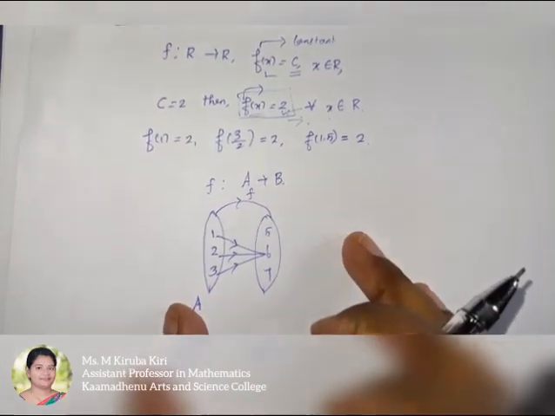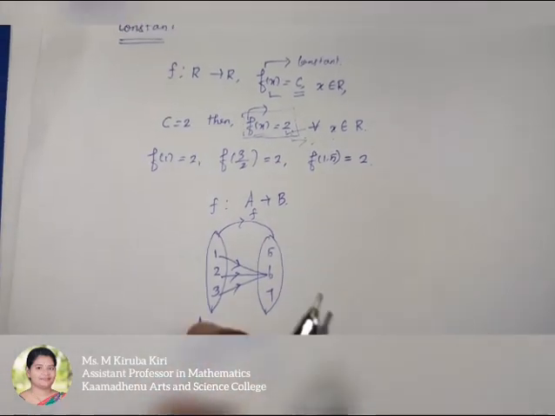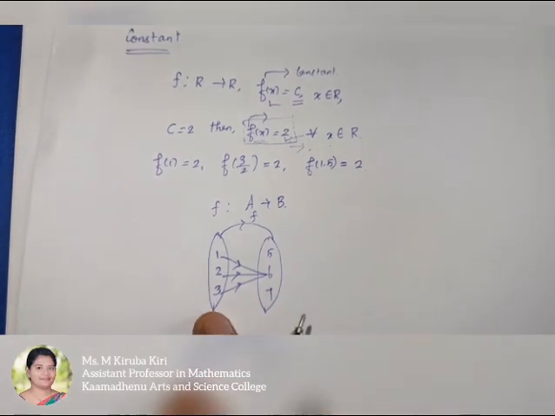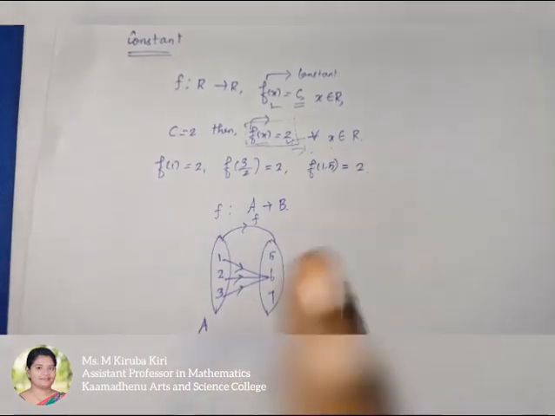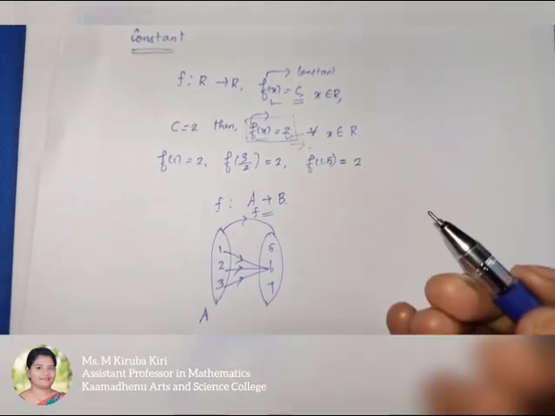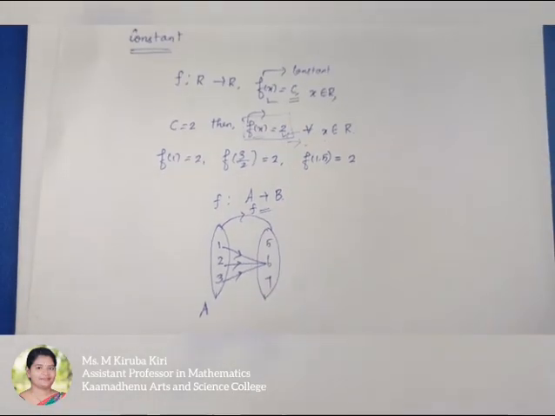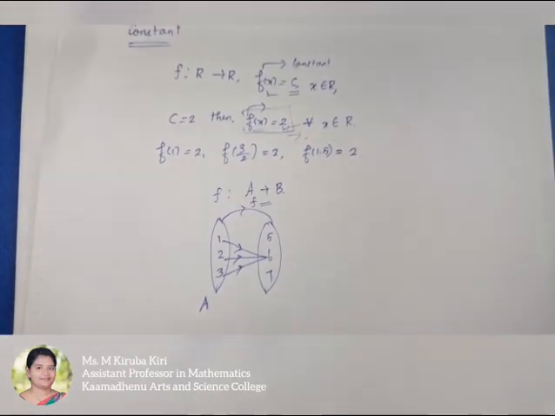From this arrow diagram, you can see every element of A is used only once. So this is a function. First of all, you also verified that f is a function.